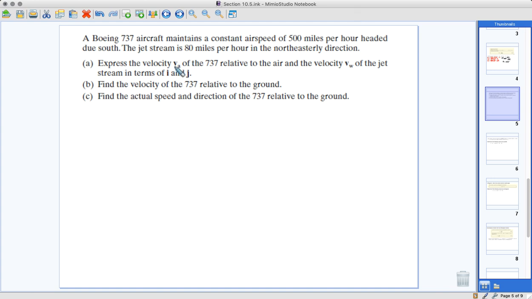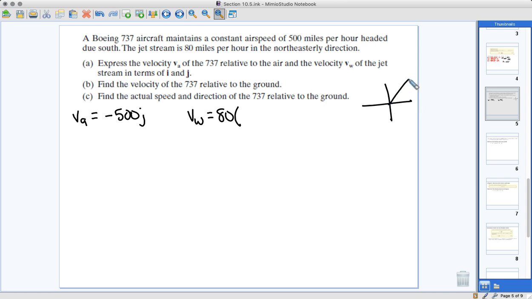For just the airspeed, we are going 500 miles due south, so that's basically straight down. So for v sub a, I'm going to get negative 500 because I'm going straight down, so that's my j factor, my vertical factor. Then v sub w is going to be 80 times, now we're going northeast.